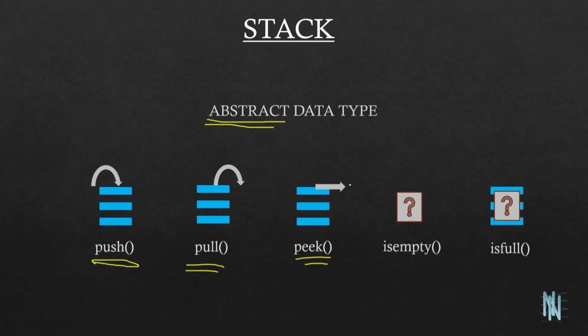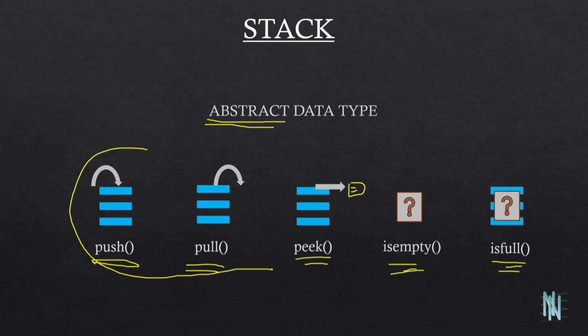Whatever is at the top, it will give us an output of that element. After that is isEmpty. isEmpty tells us whether the stack is empty or not. Another is isFull. isFull tells us whether the stack is full or not. Because of these features, stack is known as an abstract data type. Hope you guys are clear with it.